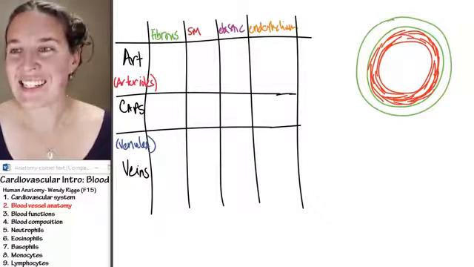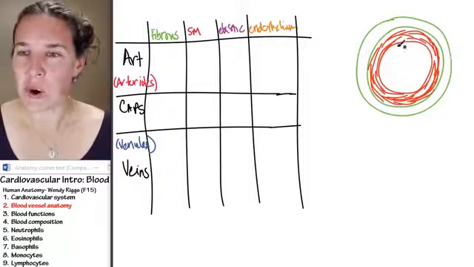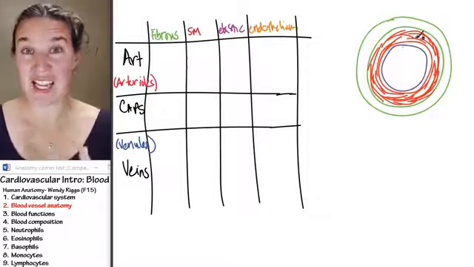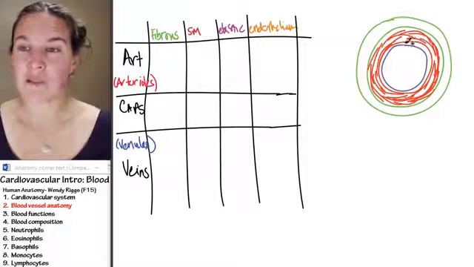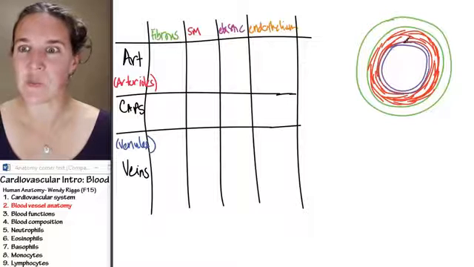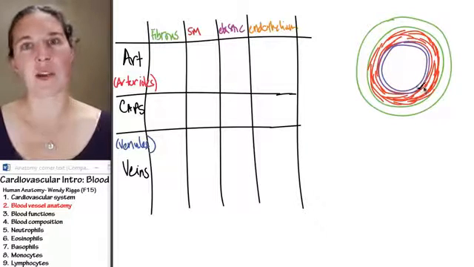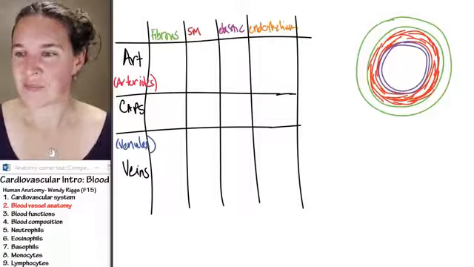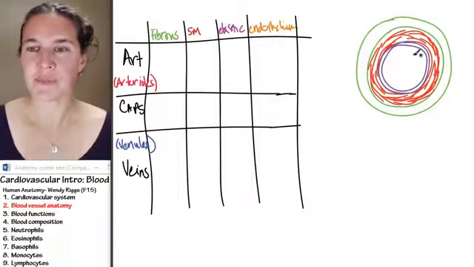The elastic component can be found in multiple places. It can be found mixed in with the smooth muscle. But when we look at our slides in lab today, we're going to see a really awesome example of an elastic layer. And so I like to have it all defined for you.